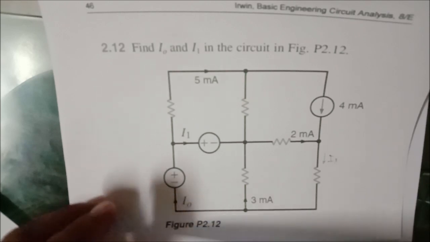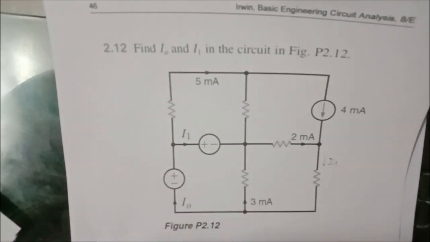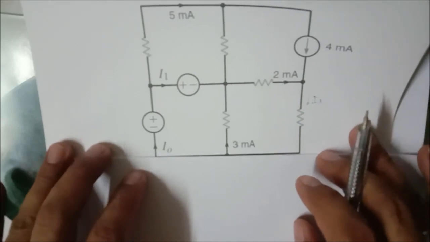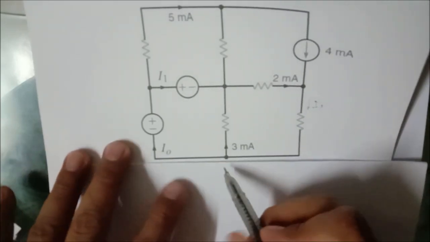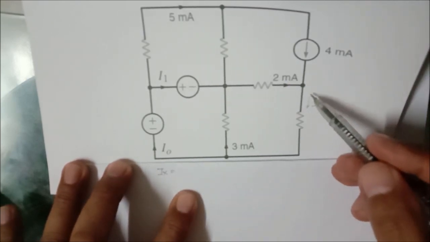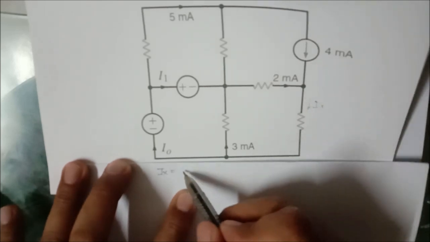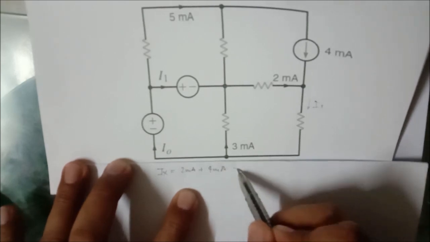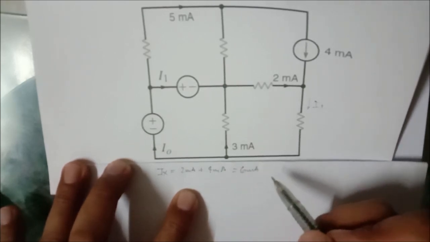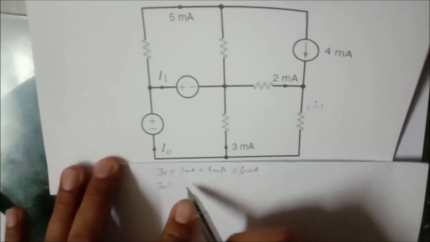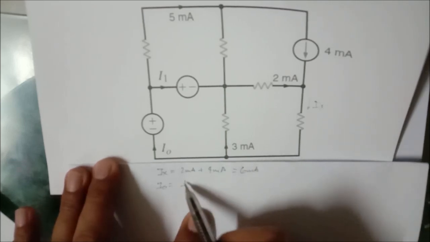Lagyan natin ng computation. I sub x equivalent to lumabas. Pumasok is equivalent to 2 milliampere plus 4 milliamperes, equivalent to 6 milliamperes.